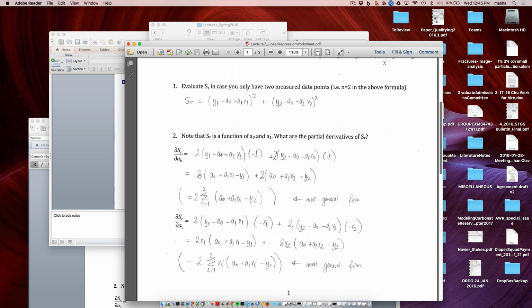Now for those of you who felt like a challenge and wanted to go for all of the n terms, you would really have a very similar situation. You would just keep going, you would just keep adding. Okay? N terms, not just 2, but n of them. So you would actually have a sum from i equal to 1 to 2, and in case of n, this would go to n of these points.